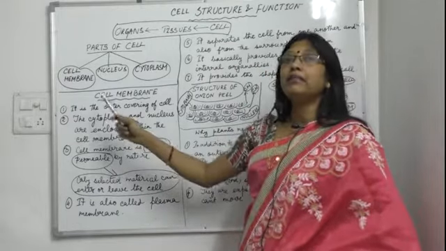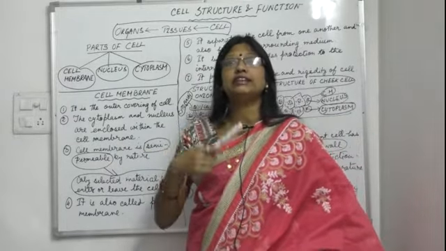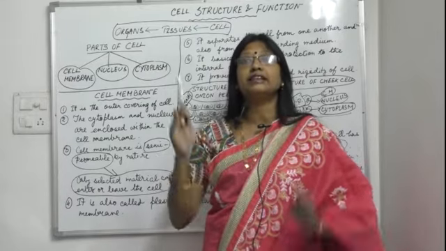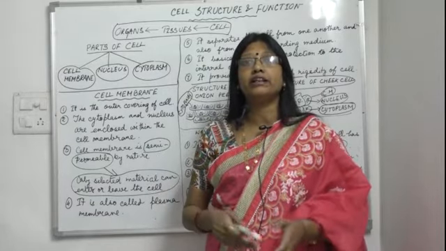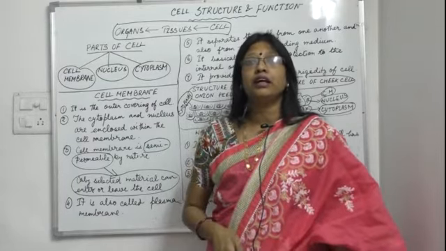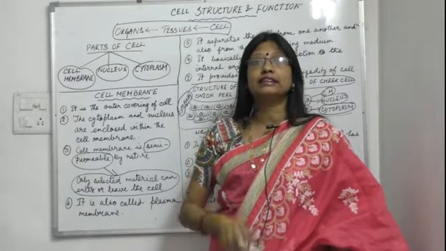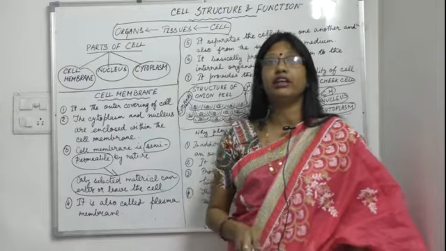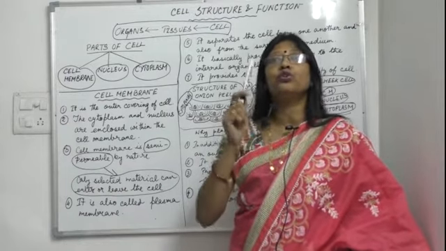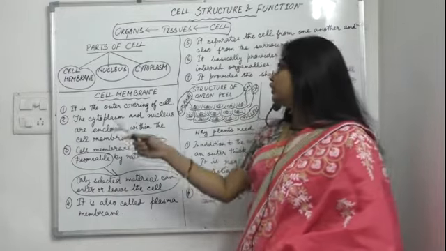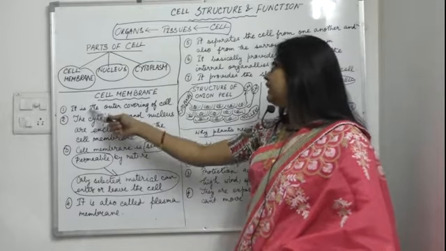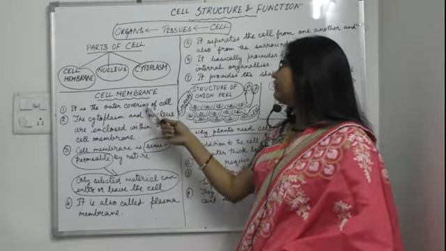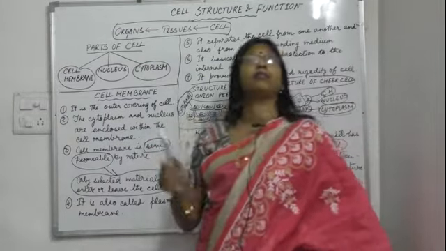So when we study the cell membrane, there are some important points which, if you remember, will help you in the exam to write about the cell membrane. So listen very carefully. I will go through all these points. The first point is, it is the outer covering of the cell.